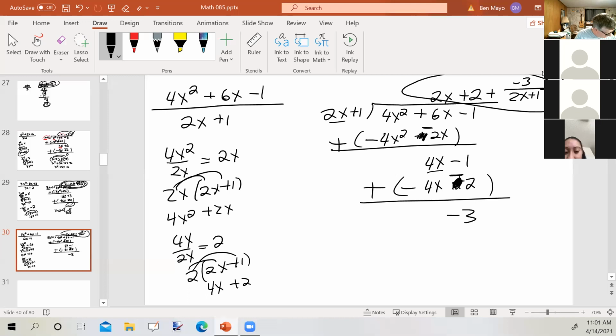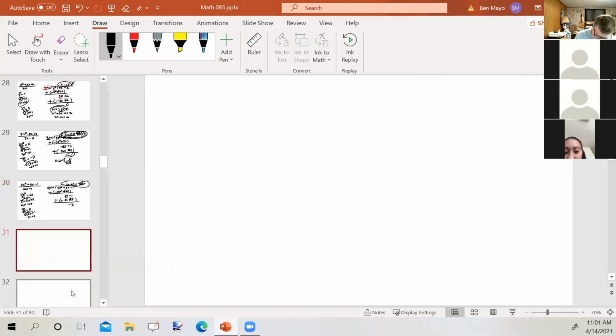Let's take a look at this question. x plus 2 divided into 3x plus 2x squared minus 2. So what are we going to do first of all here?